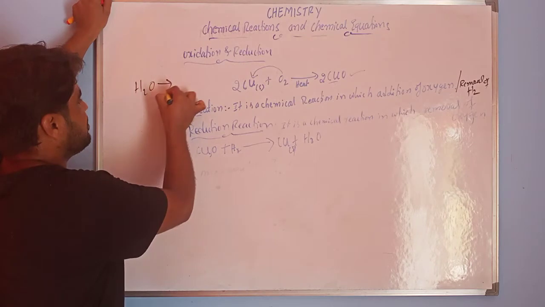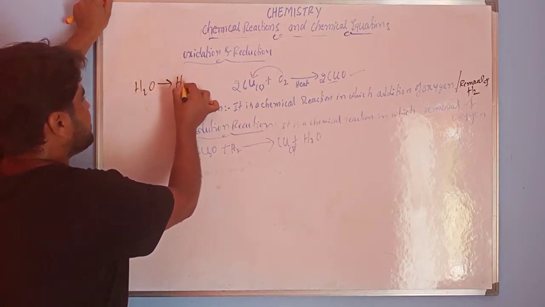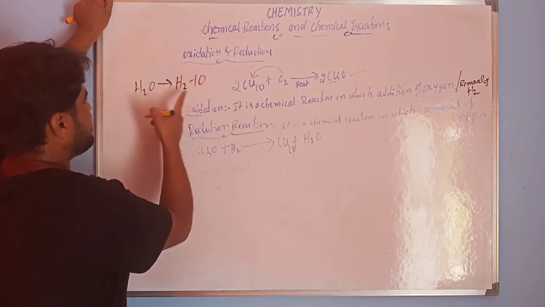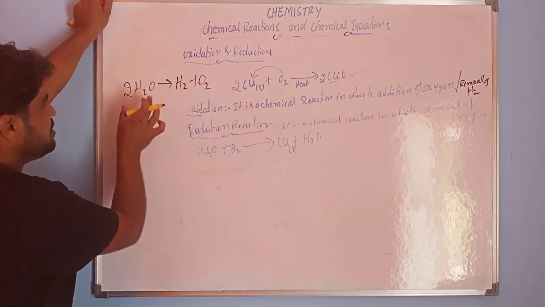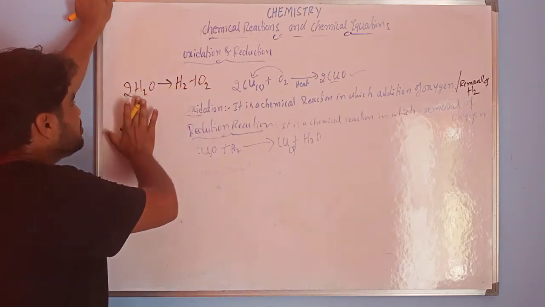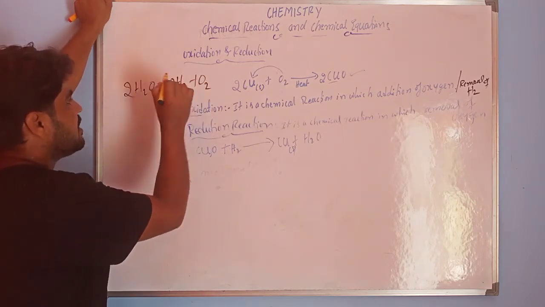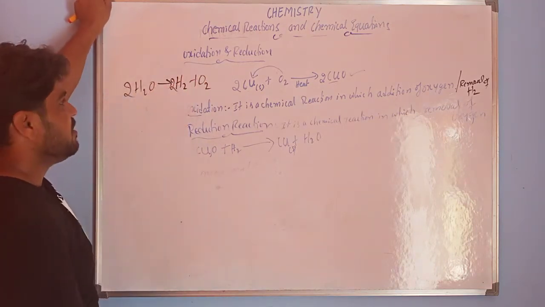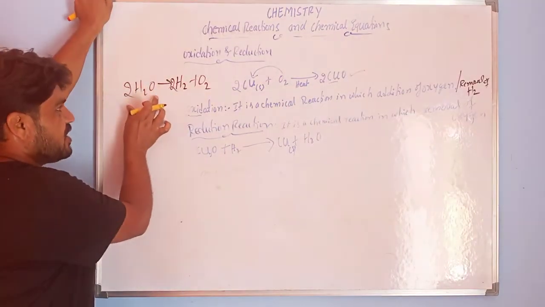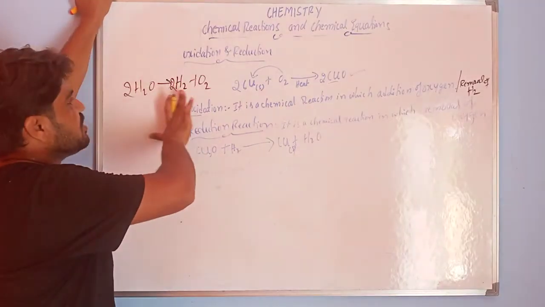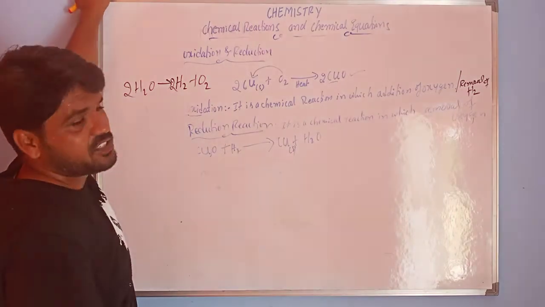Removing hydrogen, what do we get? H2 plus O. For balancing, 2 here and 2 here. In this water, I remove the hydrogens, and when we remove the hydrogen, we get oxygen. This is also an oxidation reaction.